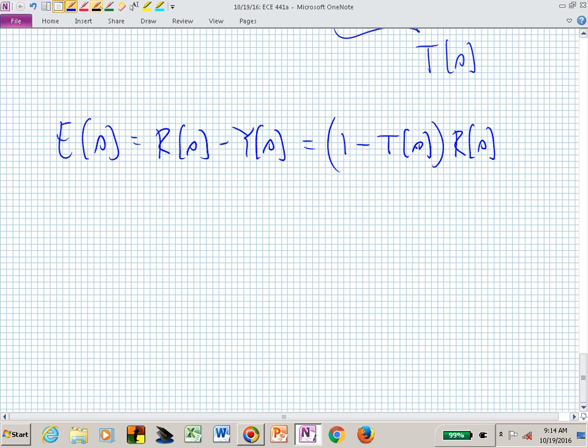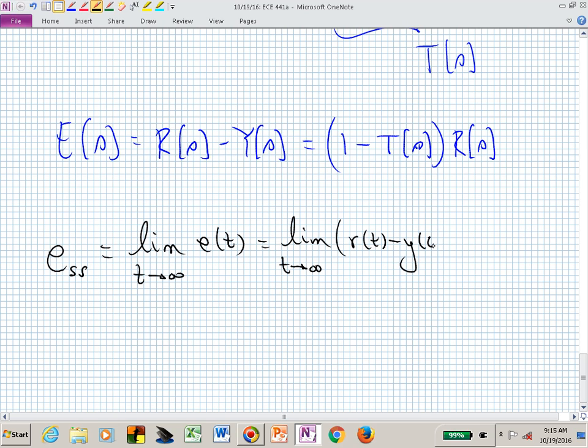And if I want the steady state error to tell me something about the accuracy of this system in terms of its tracking capability, the steady state error is now the limit as t goes to infinity of E of t, where E of t is the inverse Laplace transform of capital E of S. That's the limit as t goes to infinity of R of t minus Y of t.